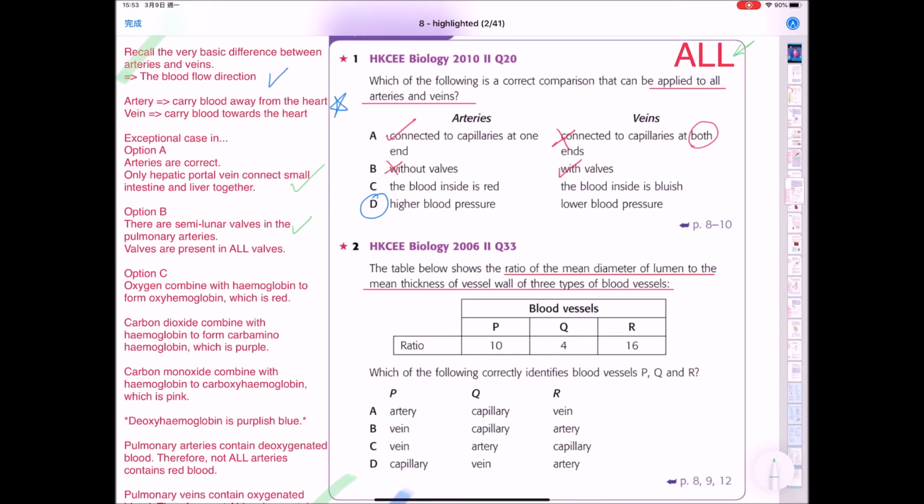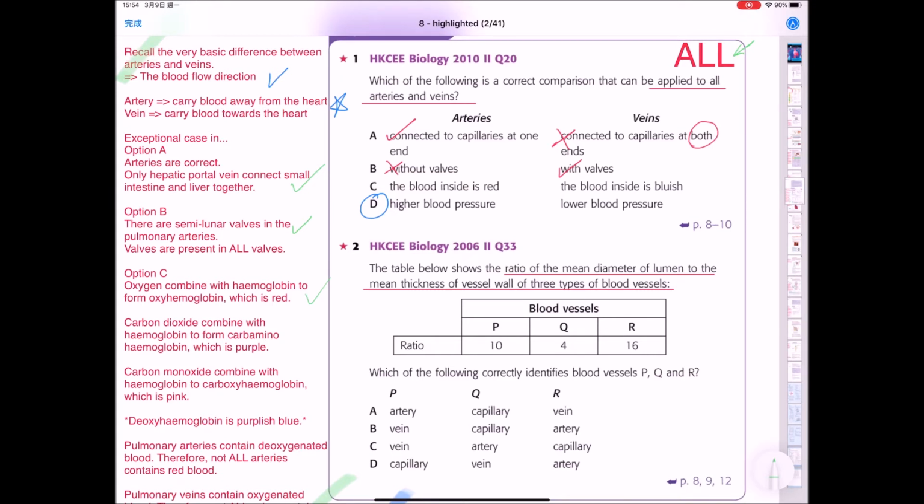Option C is talking about the blood color. In arteries the blood is red, and in veins the blood is bluish or purplish blue. It seems to be correct, because some students may think arteries carry oxygenated blood, and because oxygen combines with hemoglobin it forms red blood.